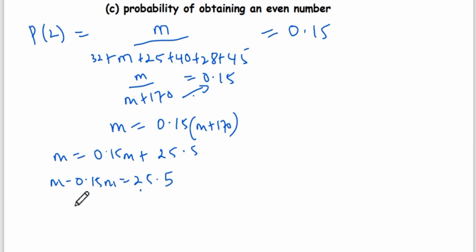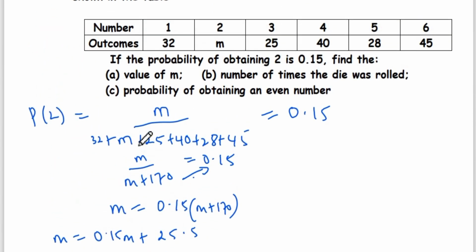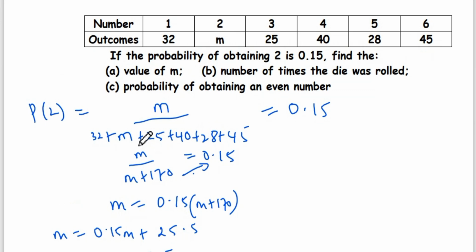That's 0.85 m is equal to 25.5. So m is equal to 25.5 divided by 0.85. So m is equal to 30. So we've gotten m.